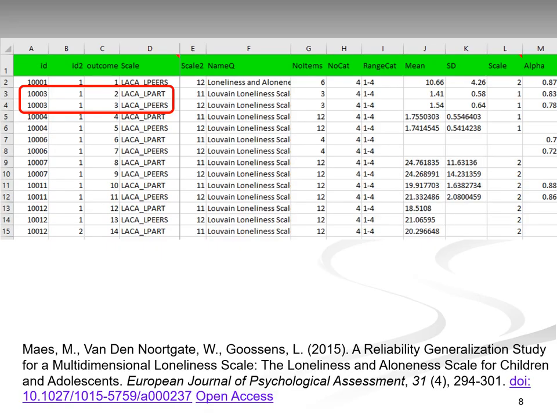Like for instance, in study 10,003, in sample 1, there was the scale LACA LPART and LACA LPEERS. So two different subscales of the LACA scale. For each of these subscales, you have an alpha coefficient.